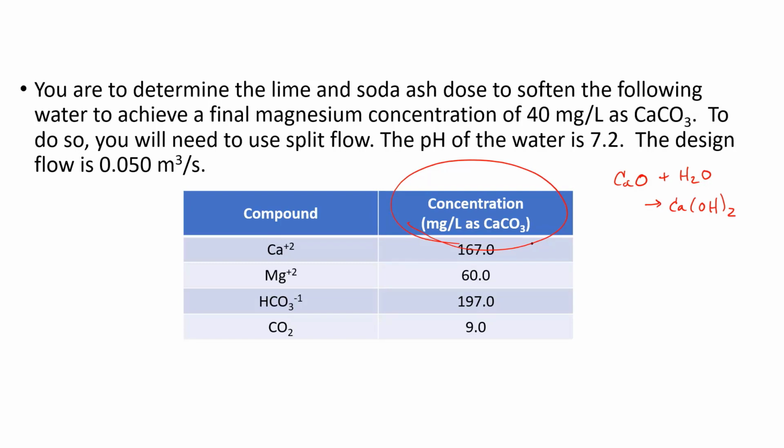So why 40 milligrams per liter and why magnesium? The reason is that magnesium is actually more difficult and more costly to remove than calcium. And at concentrations greater than about 40 milligrams per liter, the magnesium will precipitate at higher temperatures.